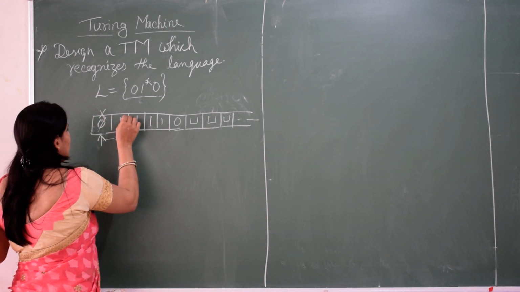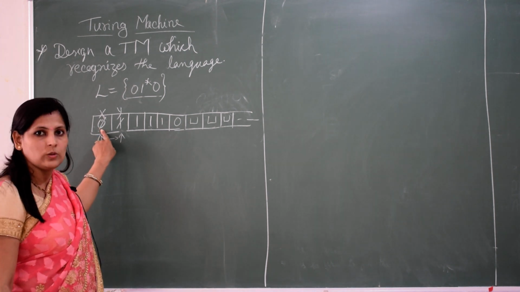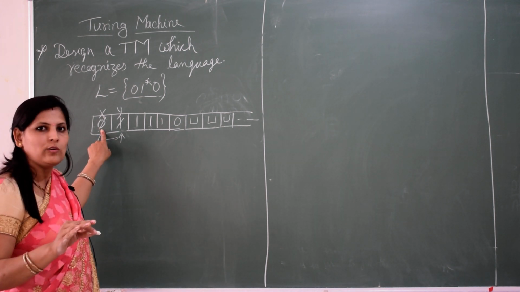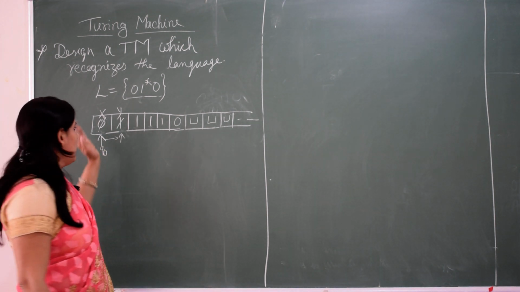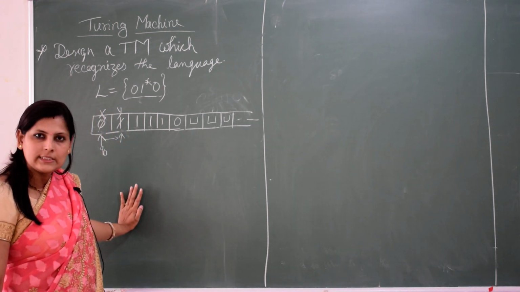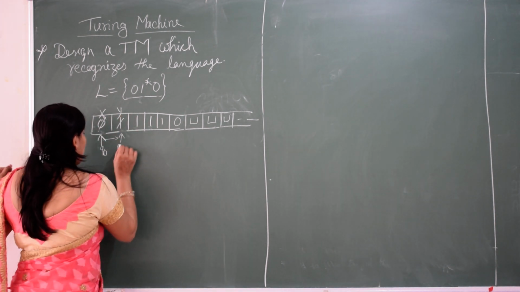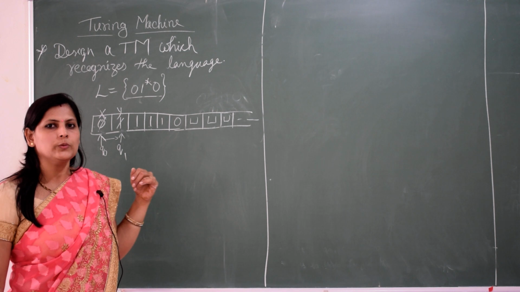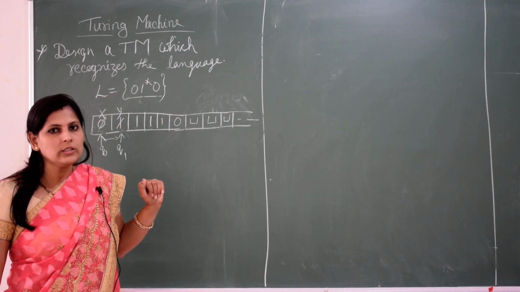So, I will update it with Y. When I was at 0, I was at a particular state, for example Q0 state. Now I have read another input, so I will move to some other state, say for example Q1 state, and I have updated my 1 with Y.